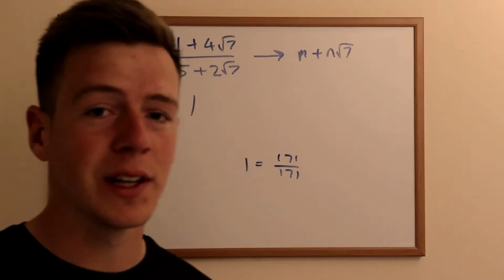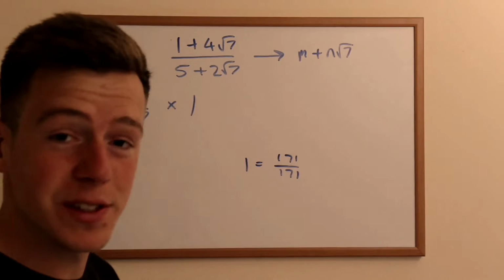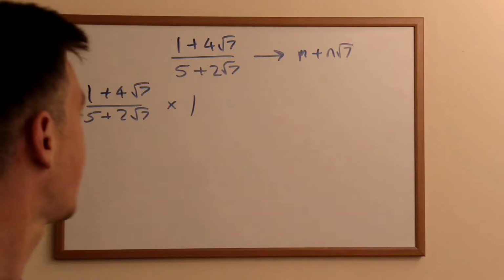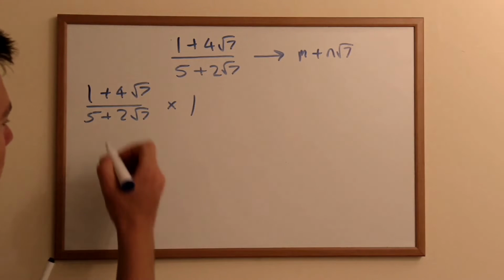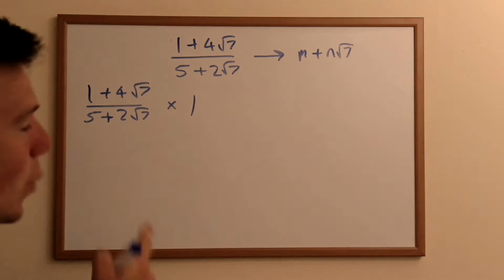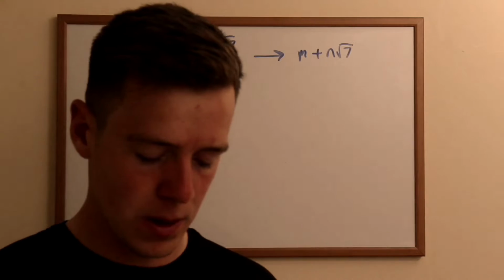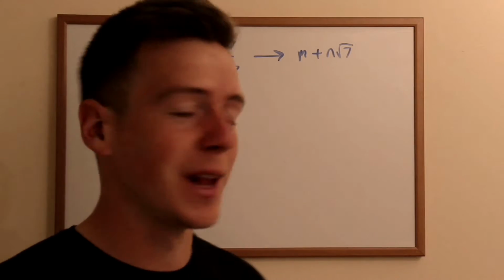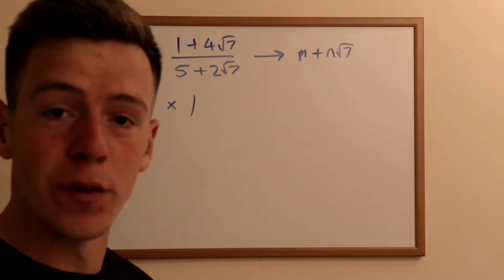Basically, if you divide anything by itself, it's going to equal 1. So in the same way, what we can do is we can take this number here, and what we do is we switch the plus sign into a minus sign, or if this was a minus sign, we'd switch it into a plus sign, and then we rewrite that expression over itself.